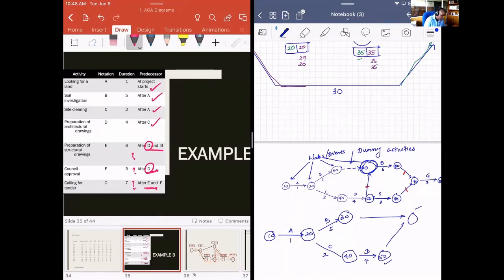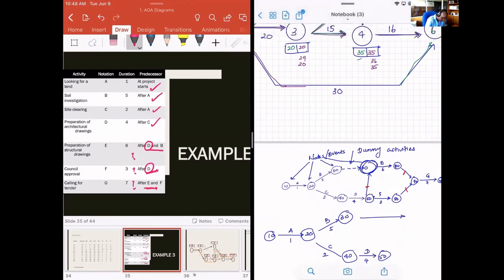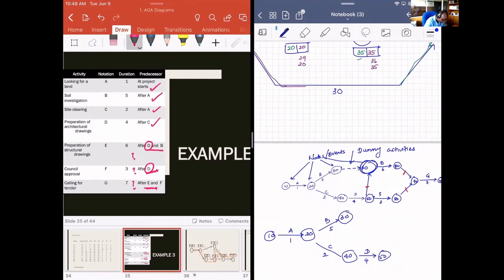Rather than drawing two arrows like this, what we do is we connect D and B like this with a dummy activity.